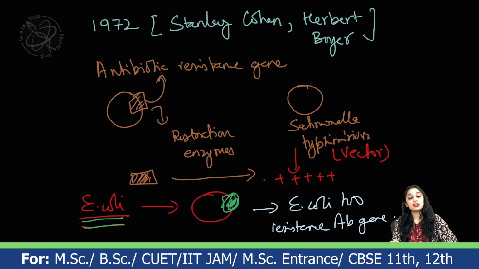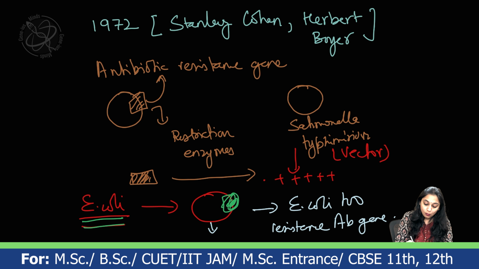So that antibiotic resistance gene, they isolated it from one organism, incorporated it into Salmonella typhimurium where it acted as a vector, and then finally incorporated it into E. coli, making it antibiotic resistant. Thus, this molecule that is formed is known as a recombinant DNA molecule, rDNA molecule.